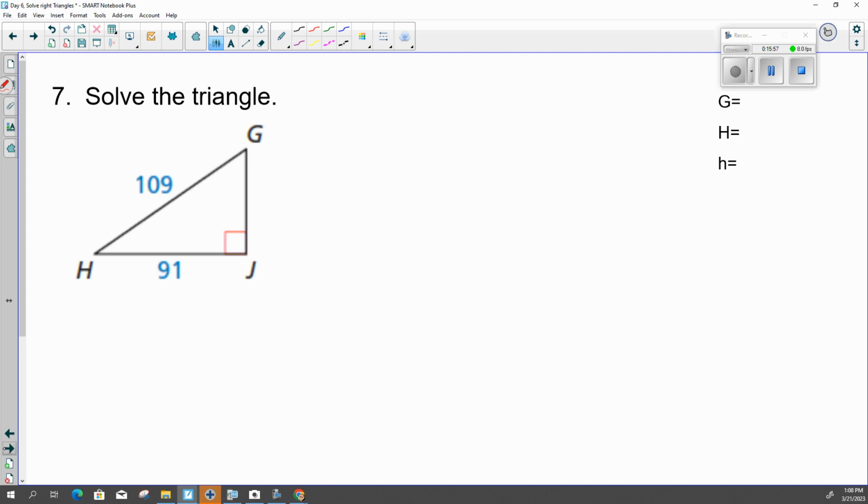All right, Lacey, how do I solve for this missing side? GH, no, GJ. If you get going super fast on these, like I'm so annoyed, I want to go through my worksheet as fast as possible, and you put the 109 here, you're not going to get the right answer.